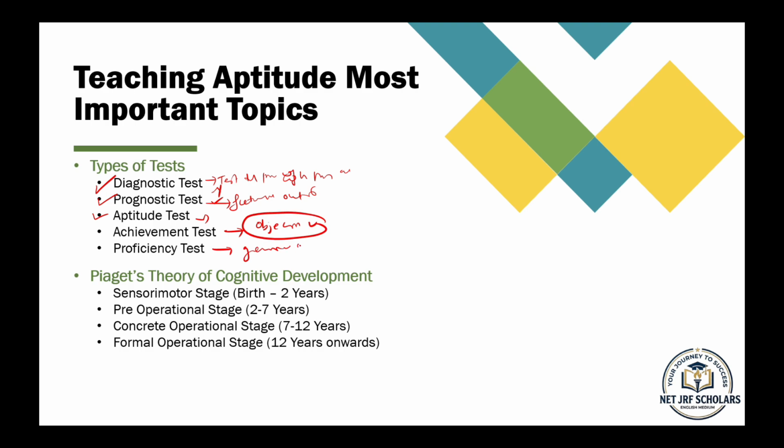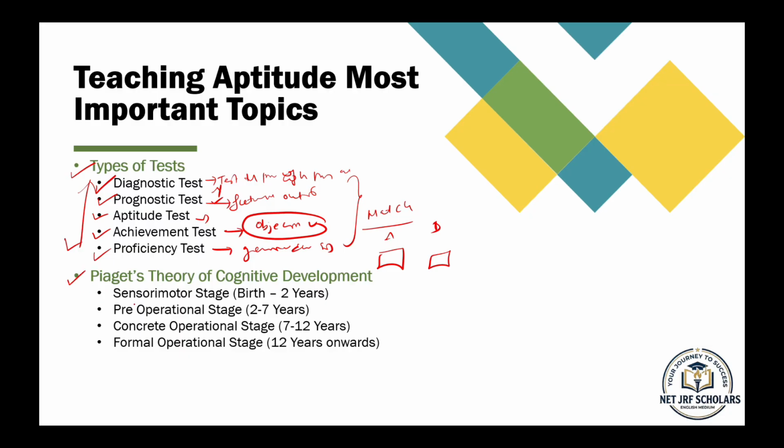Proficiency, it is for general domain knowledge. Okay, these are the five tests. Please read. These are also important. They used to give you matching, like A, B, they give the test names and they give the descriptions. So these are very important.